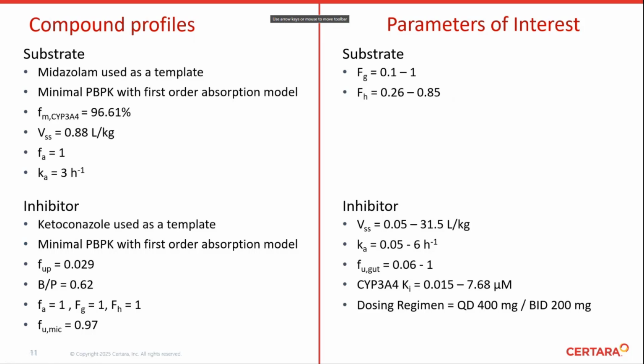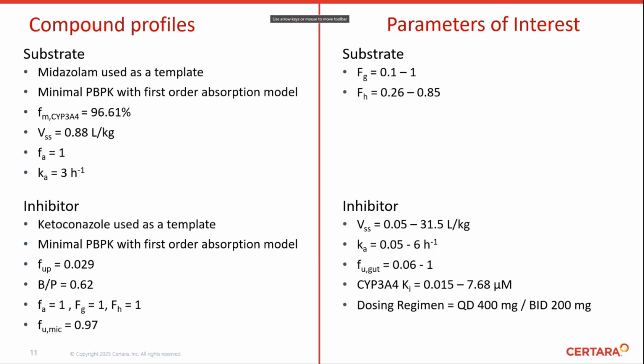For the fraction escaping hepatic metabolism, the change in this value was achieved by either decreasing or increasing both the maximum rate of metabolism and the Michaelis-Menten constant for the CYP3A4 route of elimination. And for the FG, instead of changing compound parameters, we actually varied the CYP3A4 enzyme abundance in the intestine for the population.